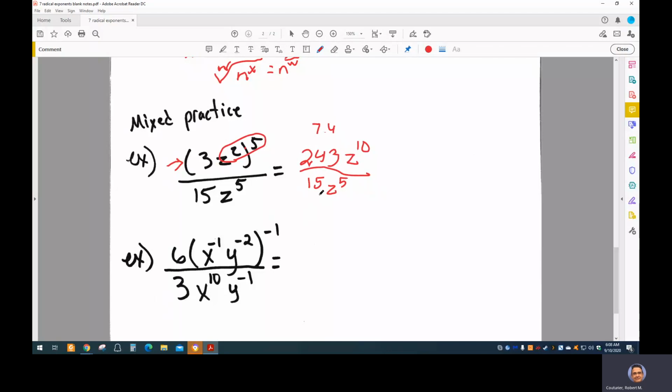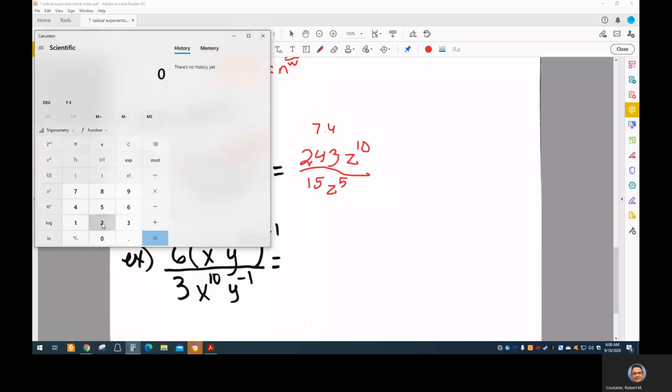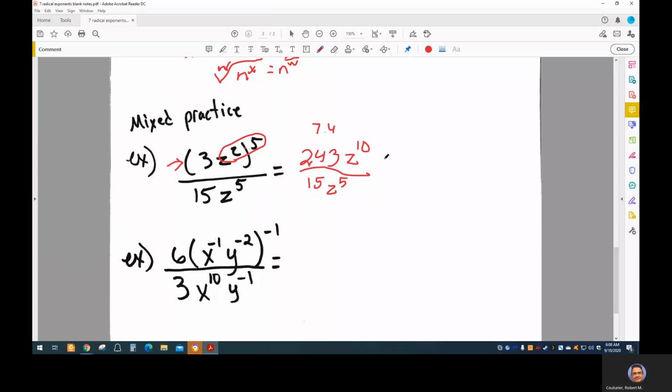So let's look at other numbers that make up 15. We have 3 and 5. So does 3 go into that evenly? 243 divided by 3 is 81. And 3 goes into 15 5 times.